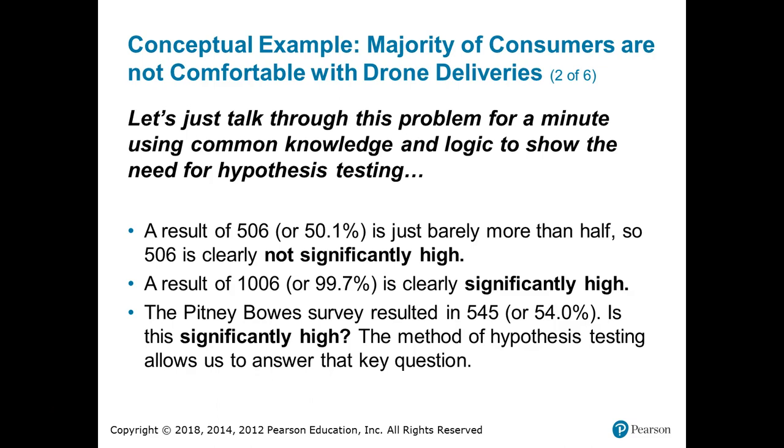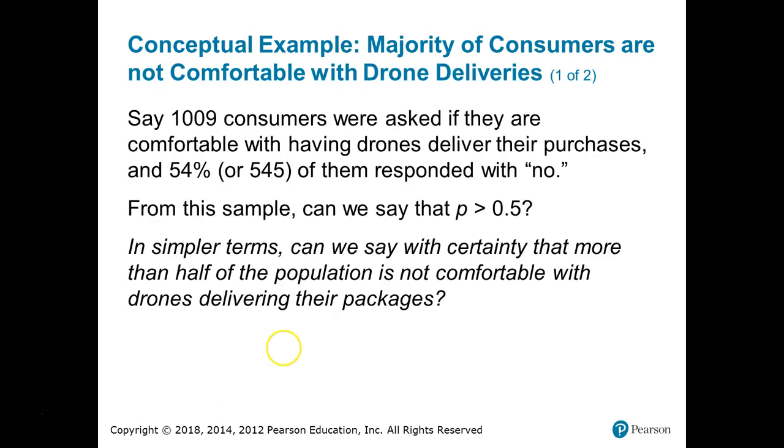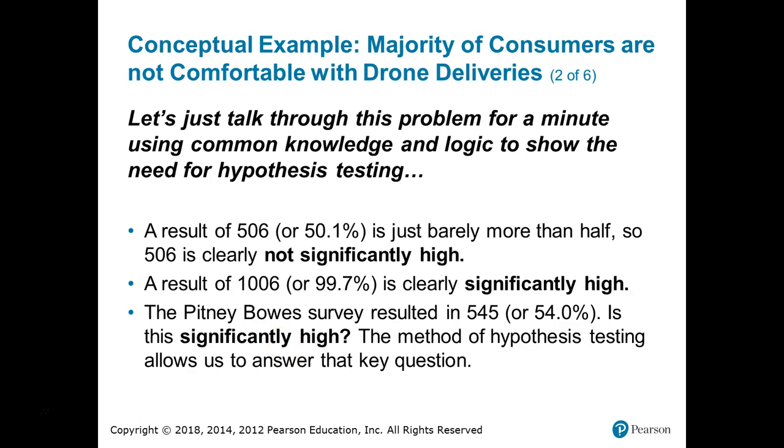Let's say that instead of 545 people who said no, 506 people said no, or 50.1% said no. So 50.1% is just barely more than half. You wouldn't feel comfortable saying that you're confident that more than half the entire population says no. So 50.1 is not significantly high.